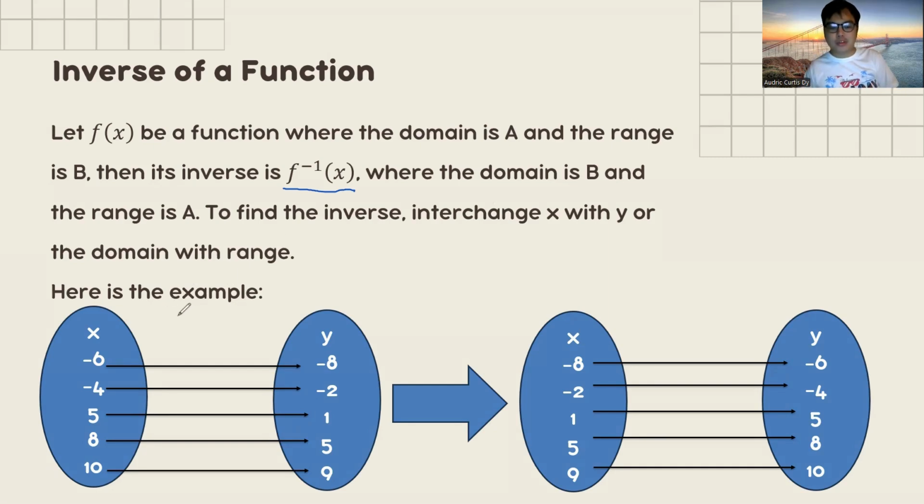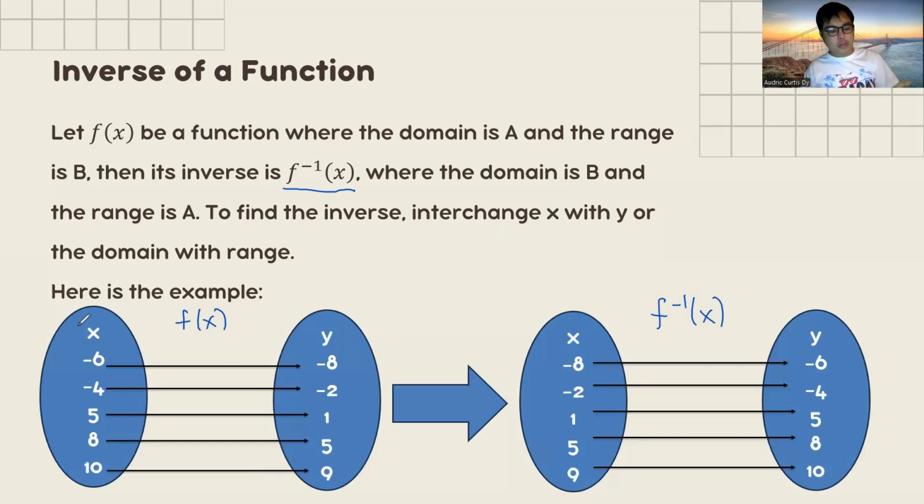So here's the example. This represents f of x, while this represents the inverse of f of x. As we see, the values of x are now the values of y, then the values of y here in f of x are now the values of x for the inverse of f of x. Okay, so let me repeat.